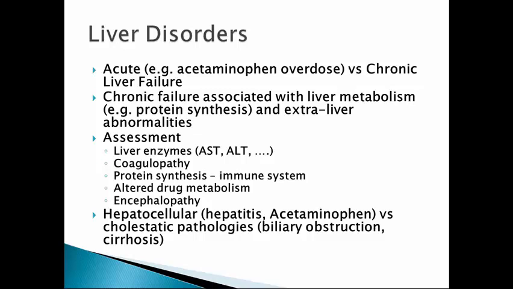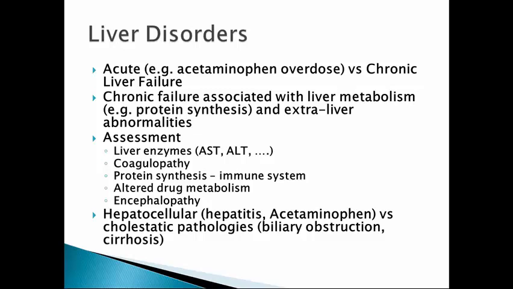So when we look at a hepatocellular injury, this is where you'll see elevations of AST as well as ALT, because remember, the cells are being altered. This is what you might see in a severe hepatitis, an acetaminophen overdose, Wilson's disease, which is a copper storage disorder.